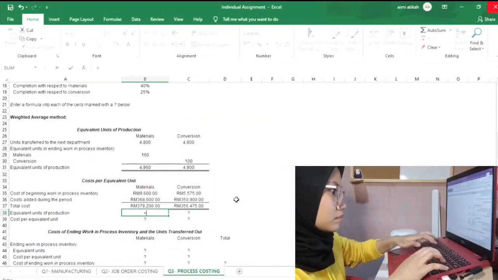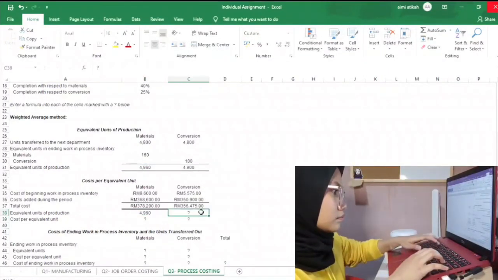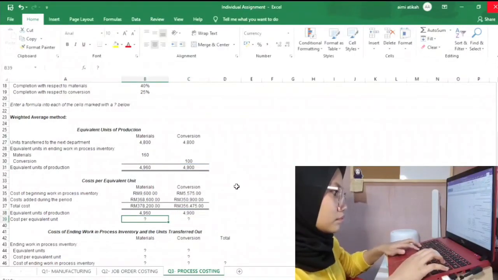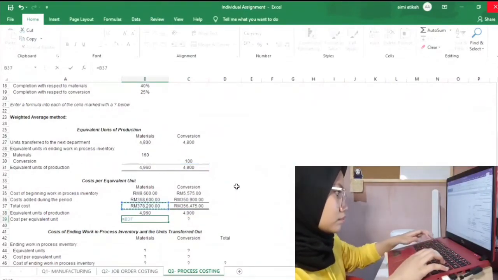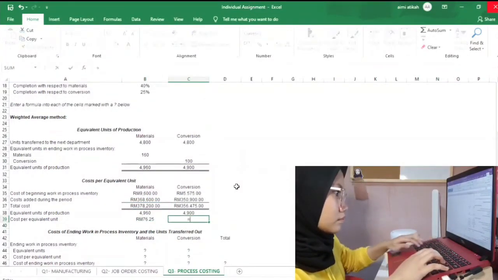For equivalent units of production, I will take the equivalent units of production for materials and conversion. For cost per equivalent unit, I will take the total cost and divide it by equivalent units of production, and do the same for conversion.